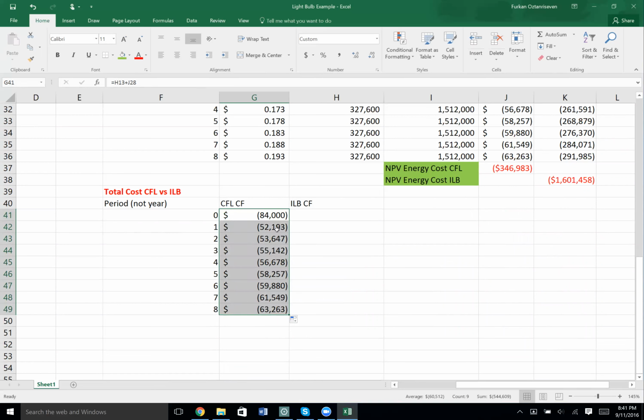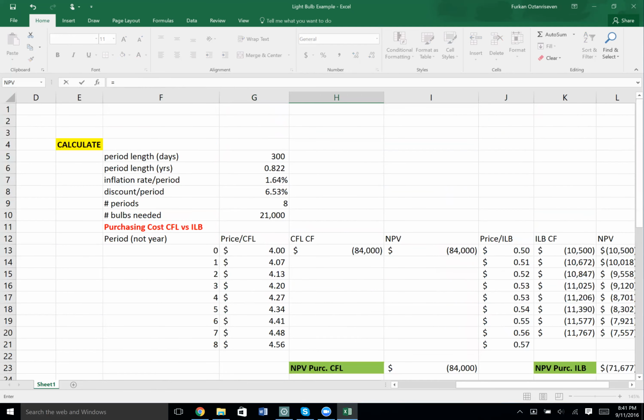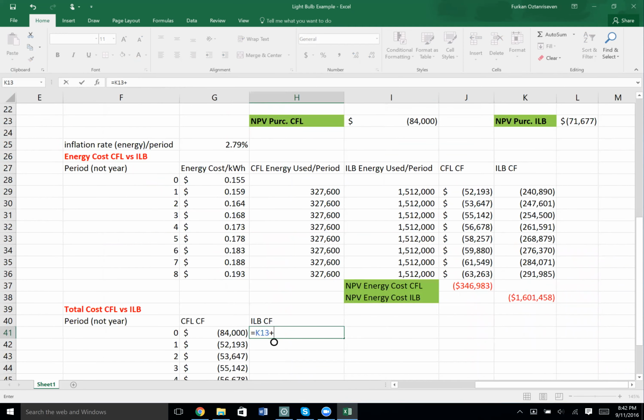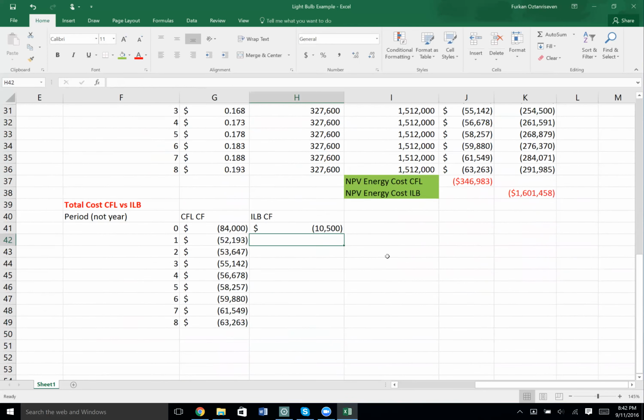So this is the cash flows for CFL, and let's do the same thing for ILB. ILB cash flows in terms of purchasing costs, we calculate right here, not NPV cash flows, plus ILB cash flows right here, starting from 0.